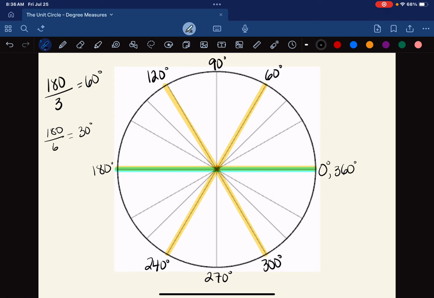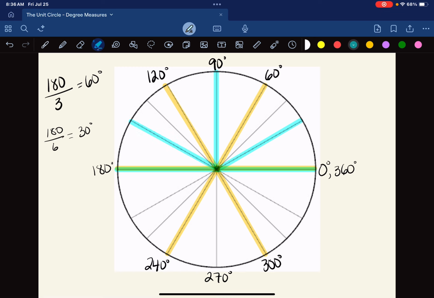Let's do blue since we already have the blue right there. So I take the first 60-degree measure and I cut that in half. I wanted highlighter. So I'll cut that 60-degree section in half. I'll cut this next 60-degree section in half. I'll cut this 60-degree section in half.